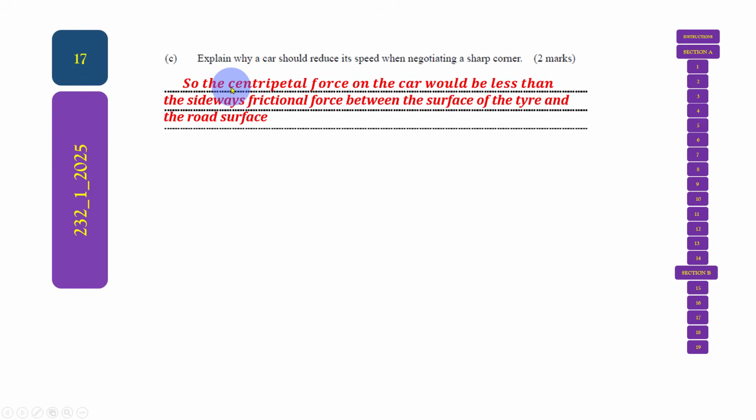All the centripetal force is provided by the friction force. What would happen if the tires of the car are slightly worn out? That's why we must reduce the speed when negotiating a corner, especially where the surface is horizontal, where the surface is flat.